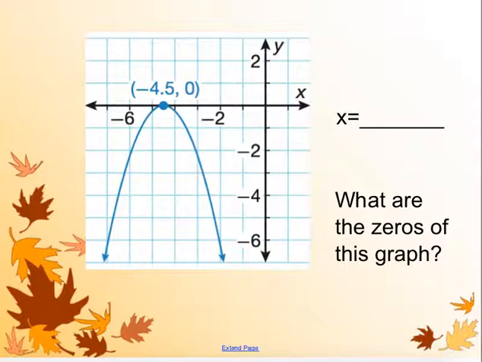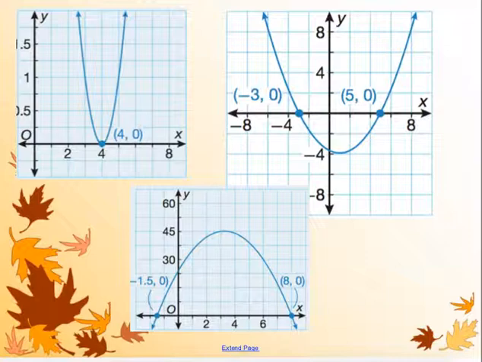Now, if there's just one x-intercept, like in this case, -4.5, 0, we would say that's also the vertex of this parabola, so I would make my axis of symmetry right there. And so my equation for that is x equals -4.5. Okay, and for another one, all right, we would say my axis of symmetry is x equals 4, goes right through that vertex.